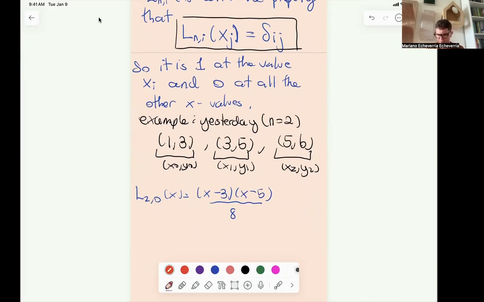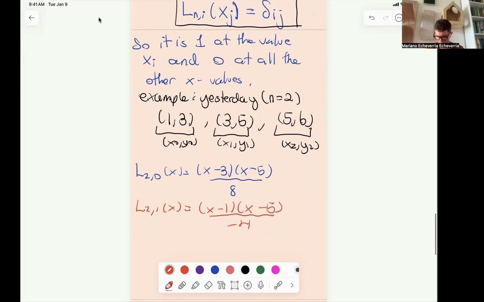I'll post the GeoGebra animation on GeoGebra if you want to play with it. Then L21 was x minus 1 times x minus 5 times negative 4. And L22 was x minus 1 times x minus 3, divided by 8.